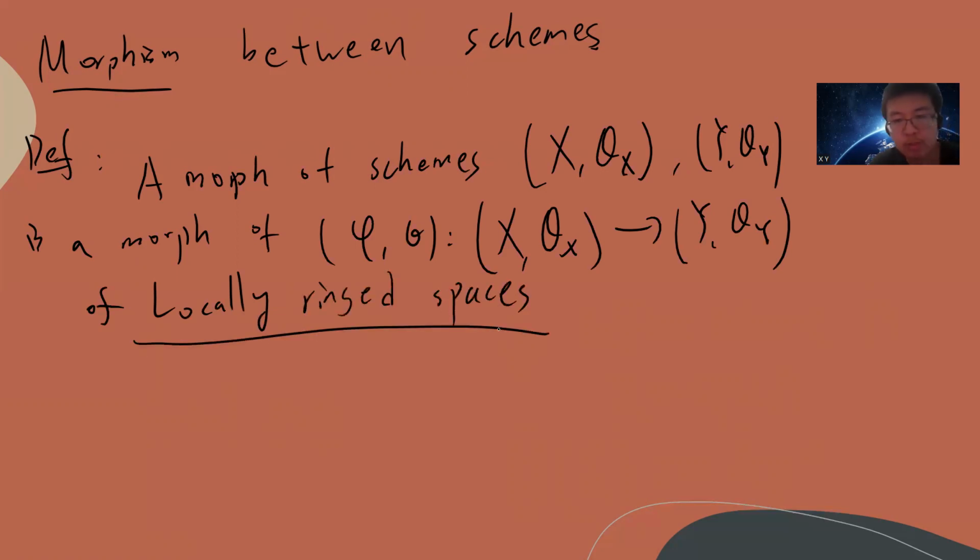Okay, so a skin is a special local ring space such that each point has a neighborhood which is isomorphic to an affine skin. So a natural definition for the morphism of skins is just to use the morphism between local ring spaces.